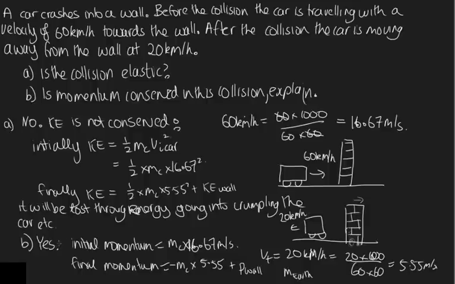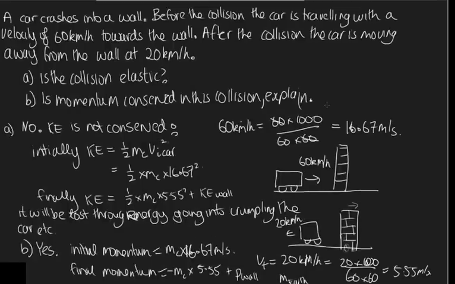So momentum is conserved. Now, if you wanted to show part A a little bit more mathematically, you can take some time and prove that for an elastic collision, the initial velocity of object 1 minus the initial velocity of object 2 is equal to negative the final velocity of object 1 minus the final velocity of object 2.